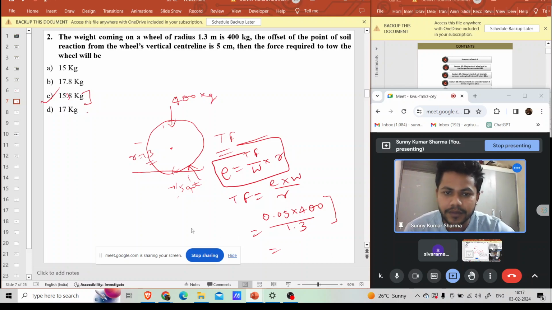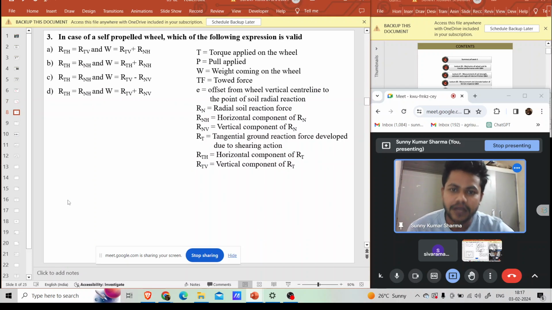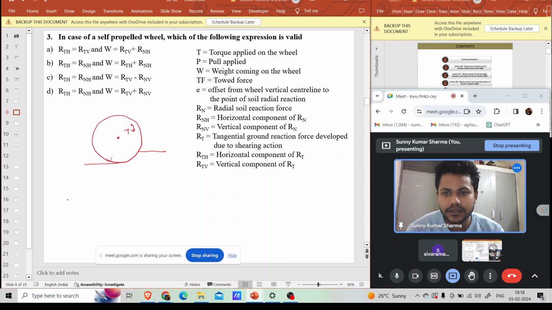So coming to the next question. In case of a self-propelled wheel, last time we did it with a towed wheel and this time we have a self-propelled wheel. You have to tell which of the following expressions is correct. In a self-propelled wheel, the pull is 0. We have some torque which is denoted by T. Weight coming on it is W. The radial soil reaction is denoted by Rn.